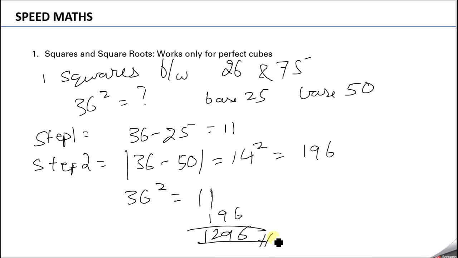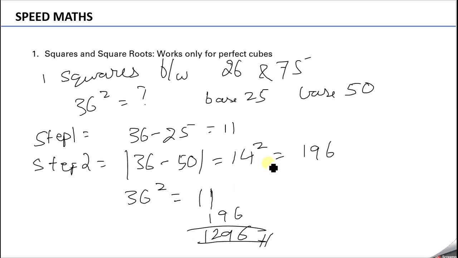I hope everyone understood this. I'll repeat it once again. You have these two bases, 25 and 50, and this is for numbers between 26 and 75. Step 1: take the number minus base 25, which is 11. Next is number minus base 50; take the mod of it and square it, 196.